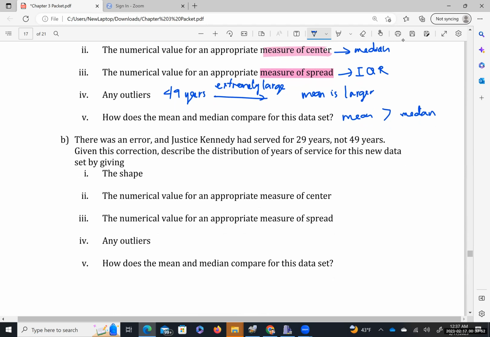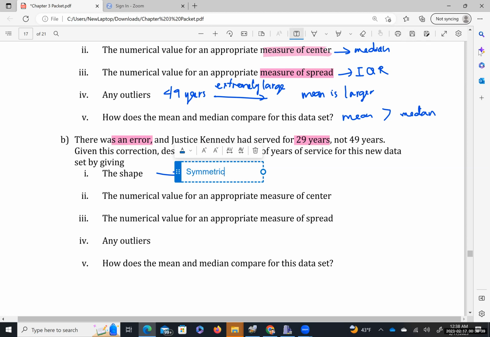Okay, so let's move down. If we change the shape to be symmetric, right? In this case, we know that there was an error, and Kennedy has served 29 years, not 49 years. So if you correct this with the new data, the shape is now going to be symmetric.